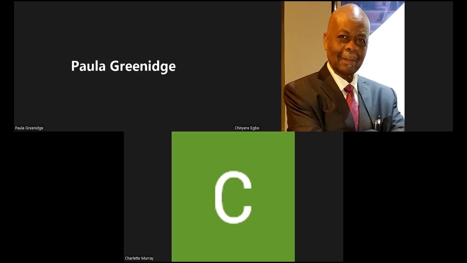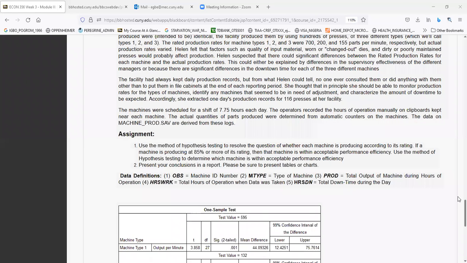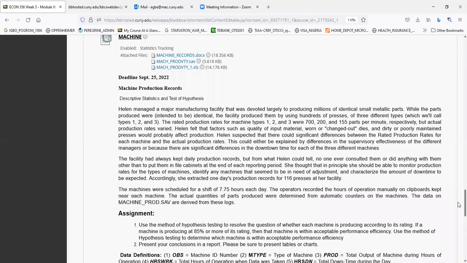All right. Let me pull up the assignment and then. All right, you can see my screen now. Yes, this is it. This is it, right? Yeah. Okay. All right.